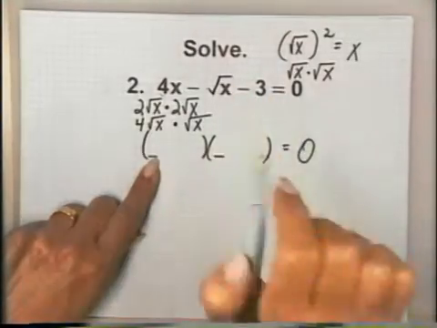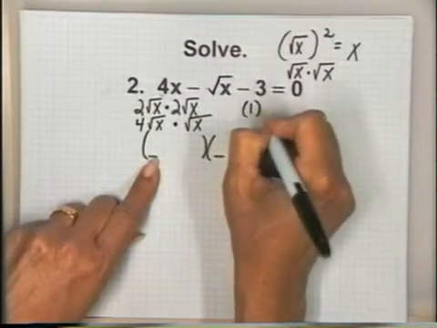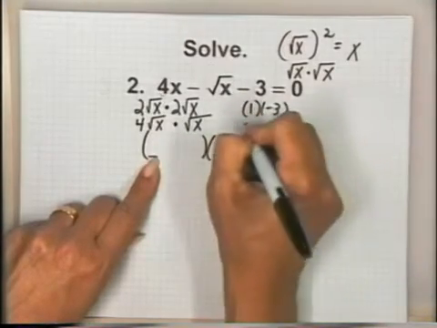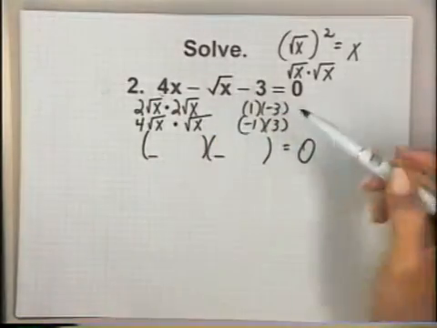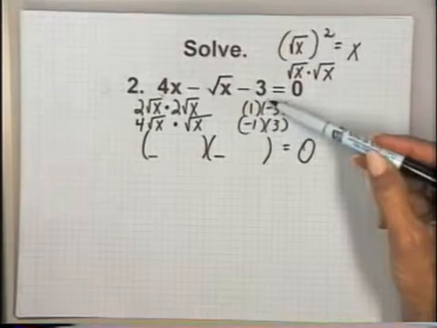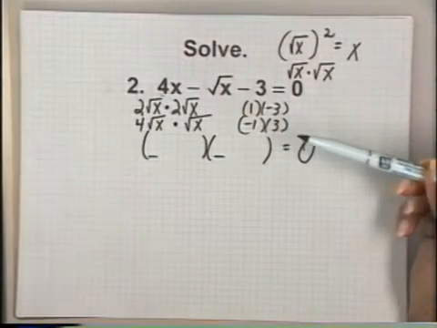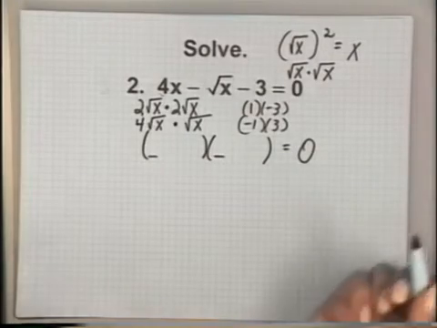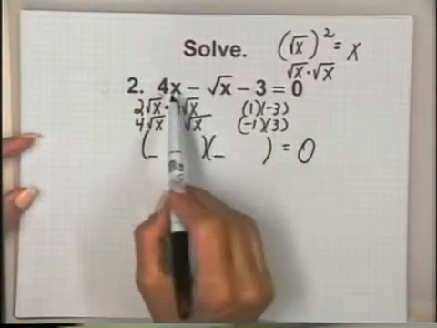To determine the factors of the minus 3, we have choices of 1 times negative 3 or negative 1 times 3. Since the sign is negative, we know that the signs of our factors will have to be different. Now, this is what we call the trial and error method for factoring.